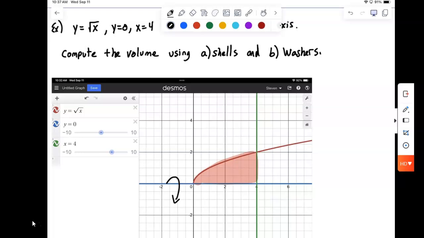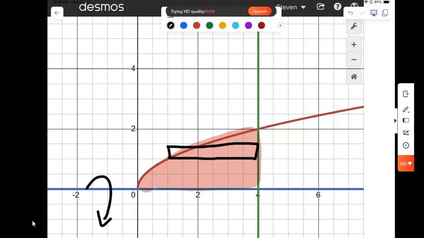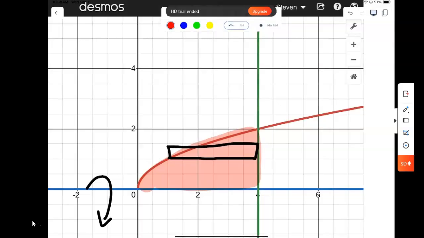We take our rectangle and we lay it parallel to the axis we're revolving about. So for shells, that would be this picture here. And if we're going to be revolving about the x-axis, we'll of course be integrating along the y-axis.